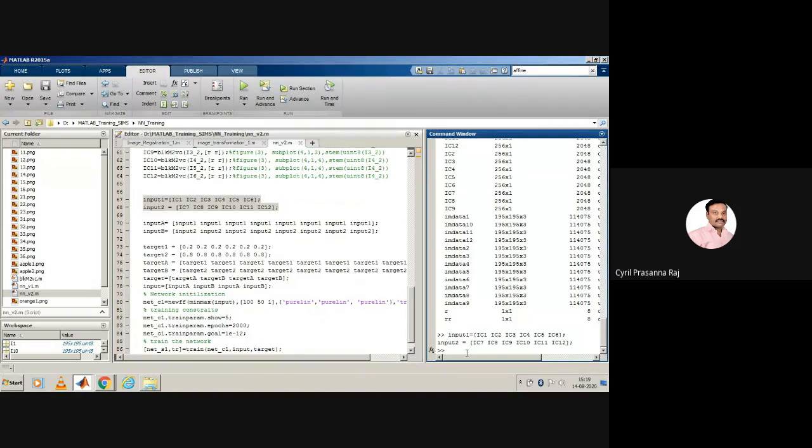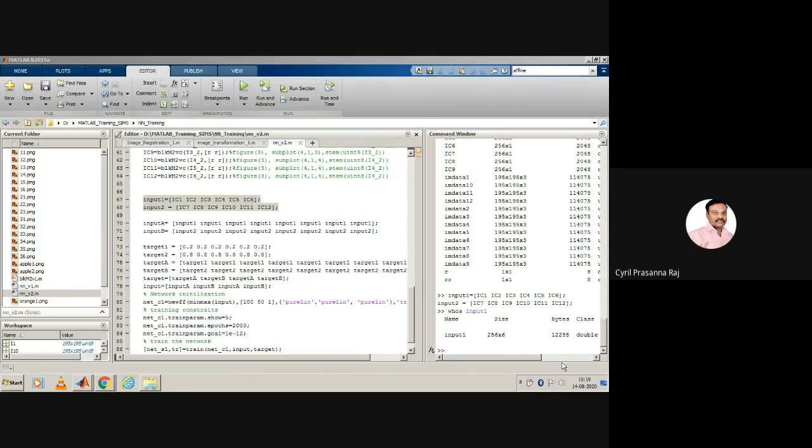So if you see now, input 1 is of size 256 cross 6, because now there are 6 images of ones, and each has been converted from 2D to 1D. So now it has become 256 cross 6. Okay. Then we again repeat this data, because we don't have too many training images available.